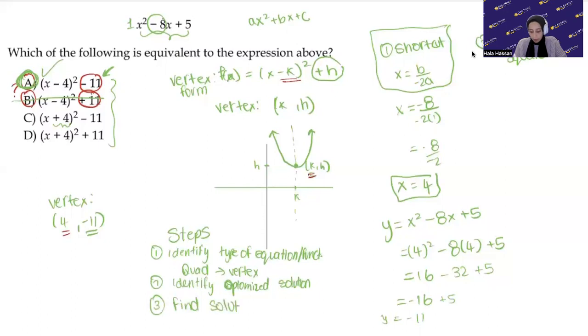You're just going to go along that optimized solution. And in our case, it was using the shortcut, finding the x value for our vertex, which we have as k and h. So we found our k and then we found the y value, or h, by subbing the x value we found back into the equation.